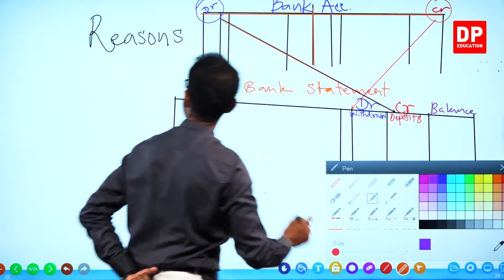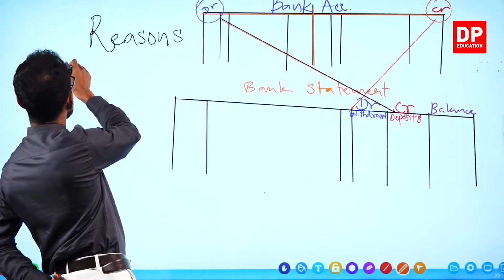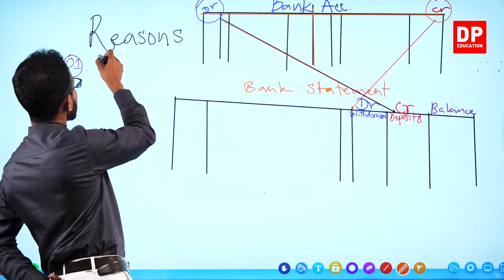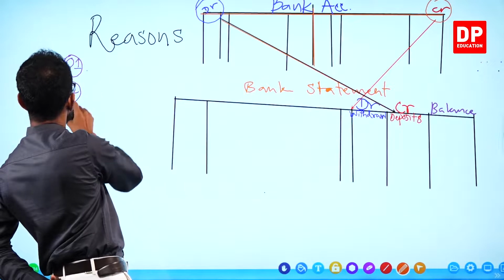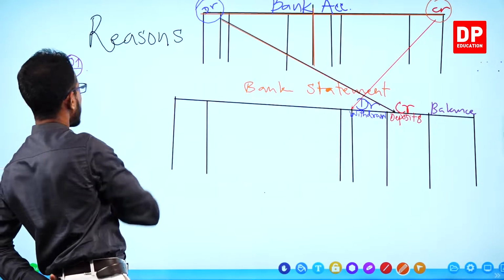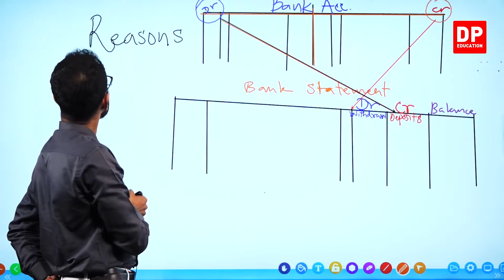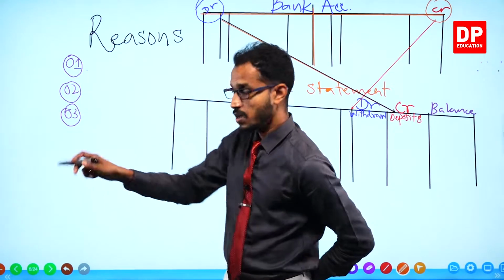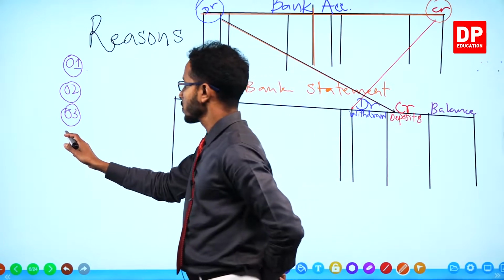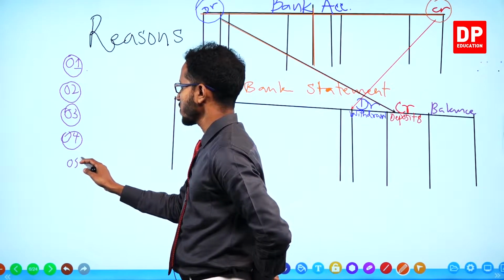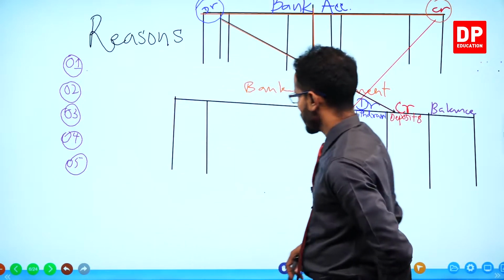Number 1, unpresented checks. I'm putting the numbers, then I'm going to write. And because I'm covering the board, I'm going to move. Five reasons, right? What are the 5 reasons?